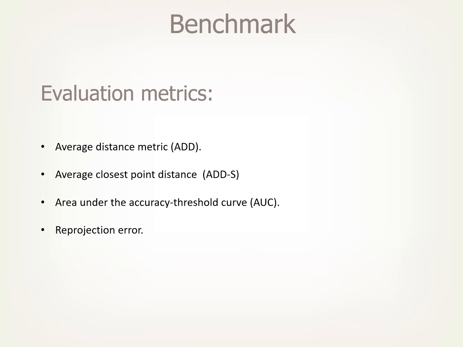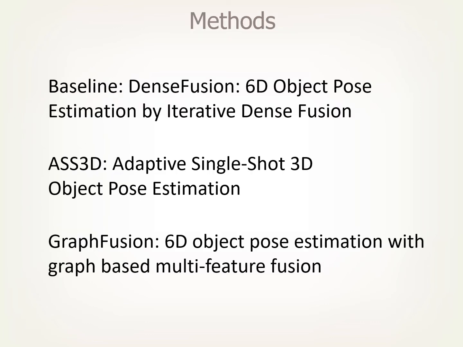They are average distance metric, average closest point distance, area under the accuracy threshold curve, and reprojection error. Here we list the 3 methods we will analyze.